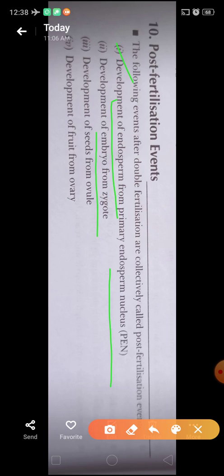Now this embryo again forms the new plant, and the endosperm provides nourishment to the developing embryo.